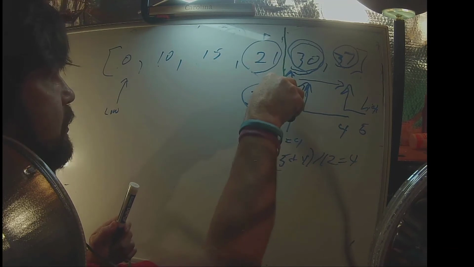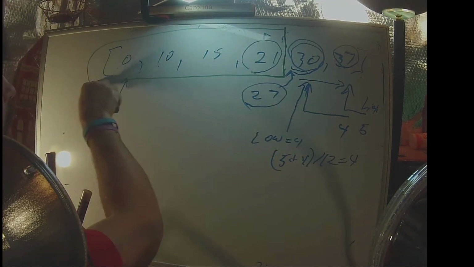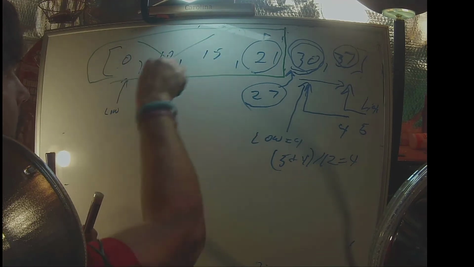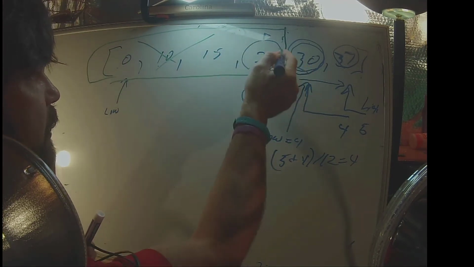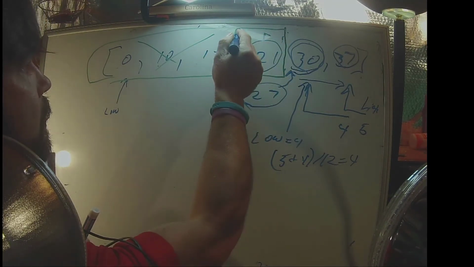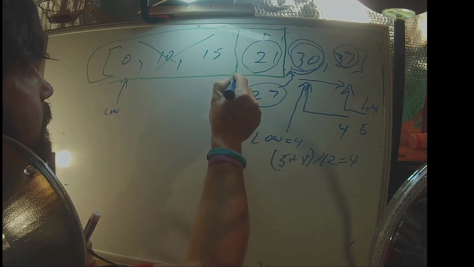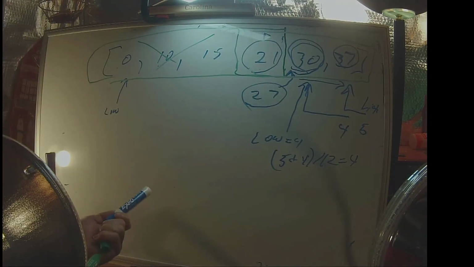In one iteration through the loop, we can get rid of all of these values, depending on our test on 21. We would either get rid of all of these values or all of these values. So we're getting rid of about half the list. And every time we iterate, we get rid of about half the remaining values.